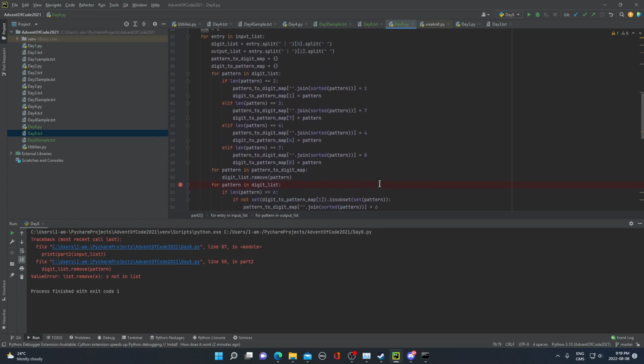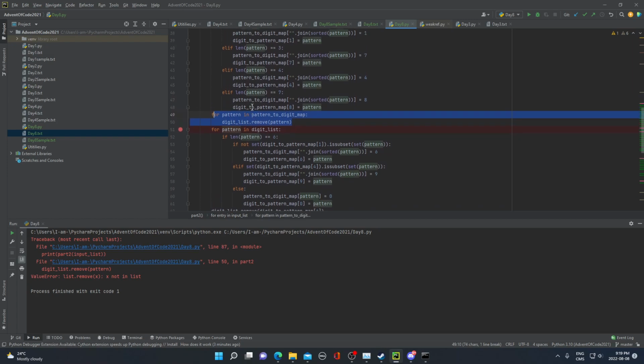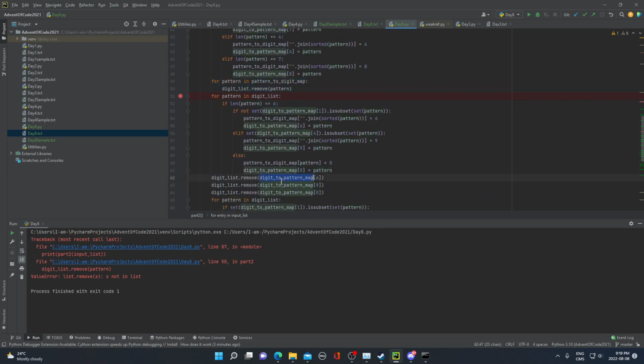Now for some reason X is not in list. Because it's sorted.